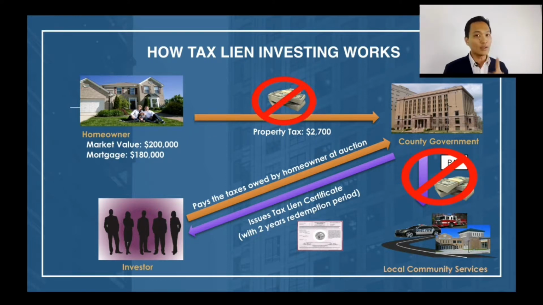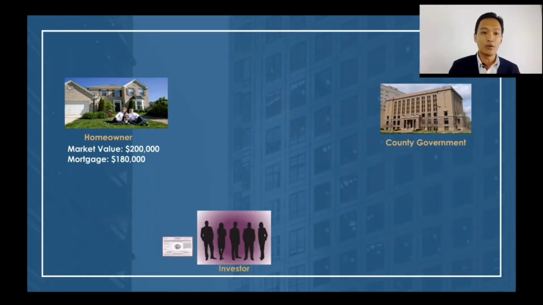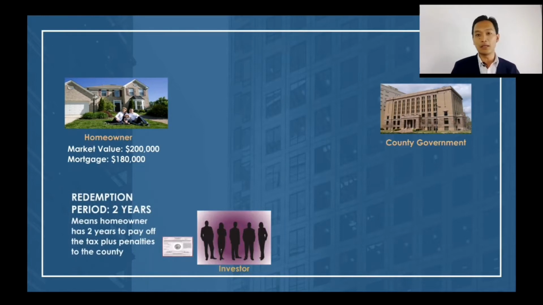So if you are the winner of the auction for that tax lien, you will be issued a tax lien certificate that you see here on the slide. And on the certificate, there will be terms and conditions. One of them will indicate how long the redemption period is. For example, Florida state law indicates a redemption period of 2 years, starting from the date that you acquire the lien at the auction.